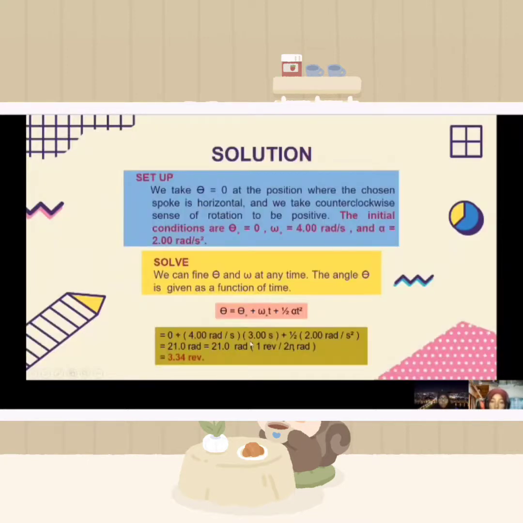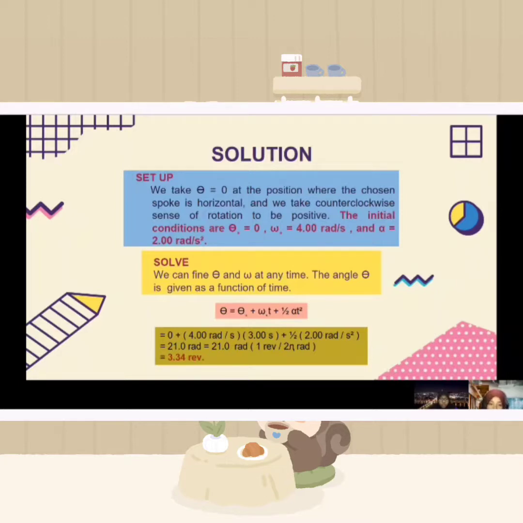Solution. Setup: we take theta equals 0 at the position where the chosen spoke is horizontal, and we take the counterclockwise sense of rotation to be positive. The initial conditions are theta 0 equals 0, omega 0 equals 4.00 radian per second, and alpha equals 2.00 radian per second squared. So we can find theta and omega at any time. The angle theta is given as a function of time.